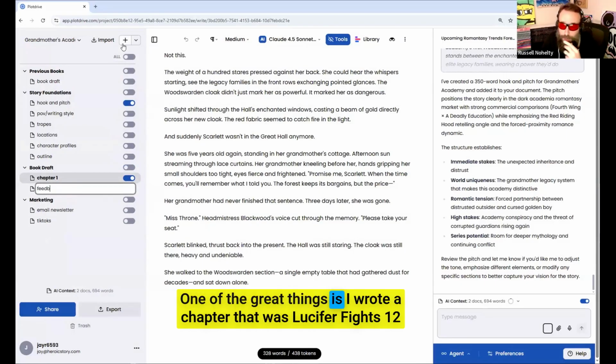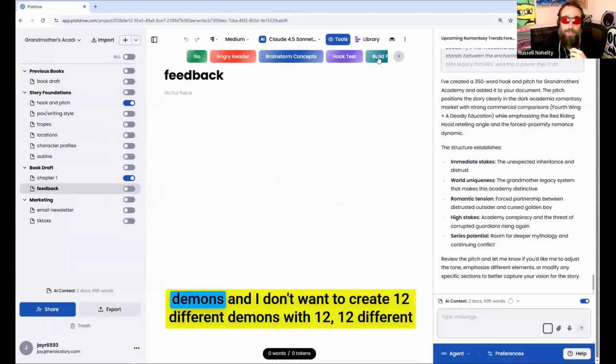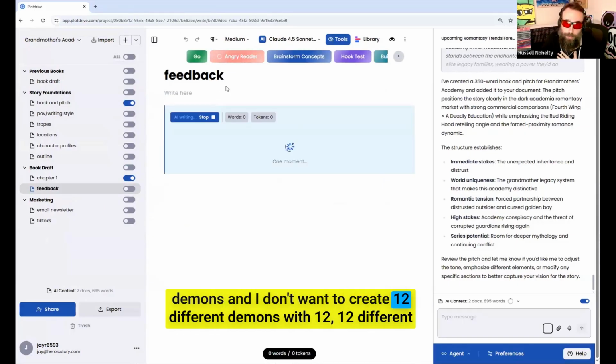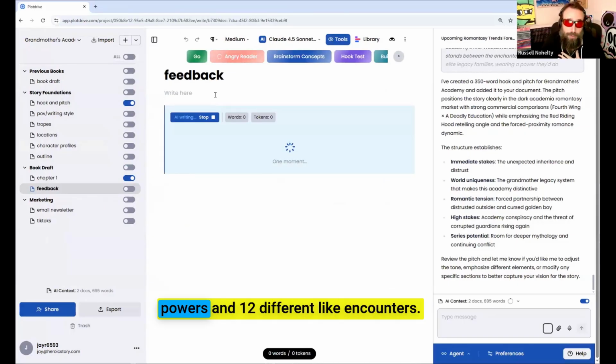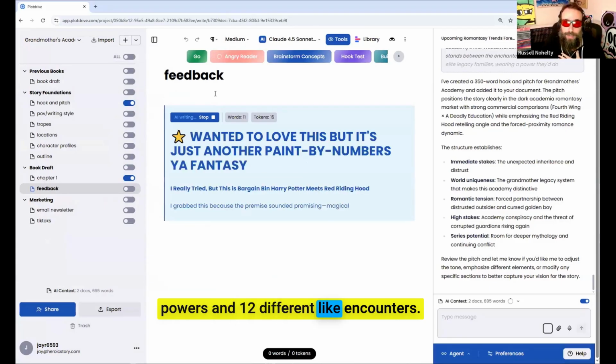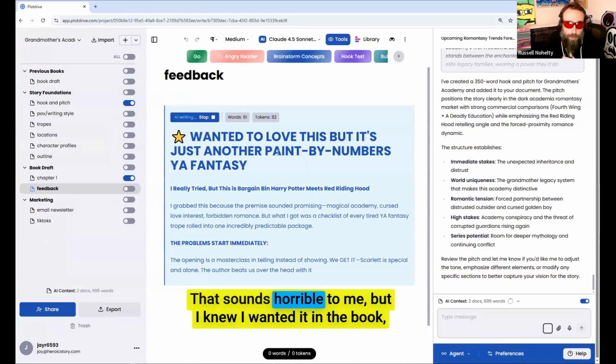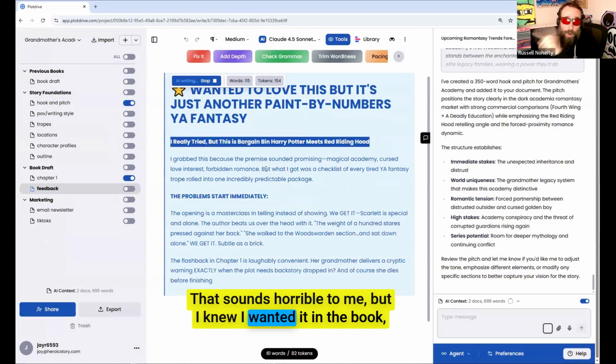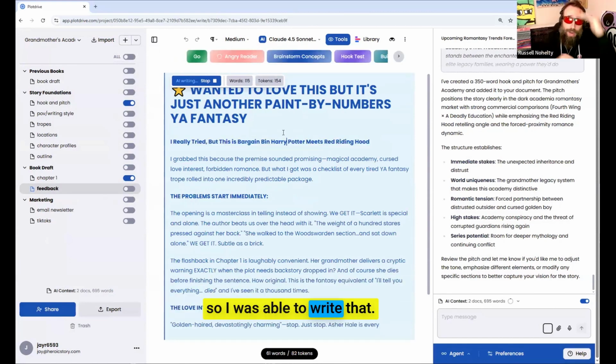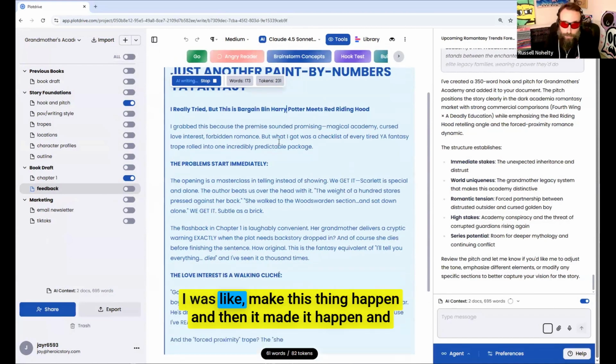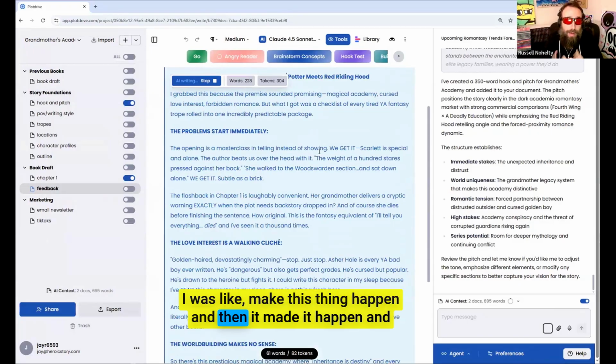One of the great things is I wrote a chapter that was Lucifer fights 12 demons. And I don't want to create 12 different demons with 12 different powers and 12 different encounters. That sounds horrible to me. But I knew I wanted it in the book, so I was able to write that. I was like, make this thing happen. And then it made it happen.